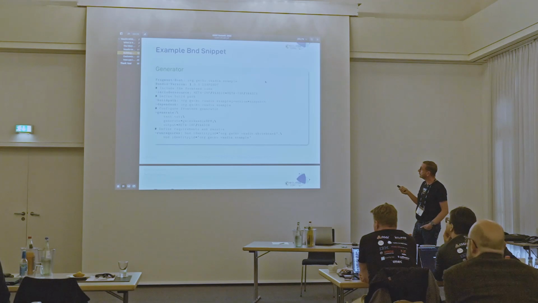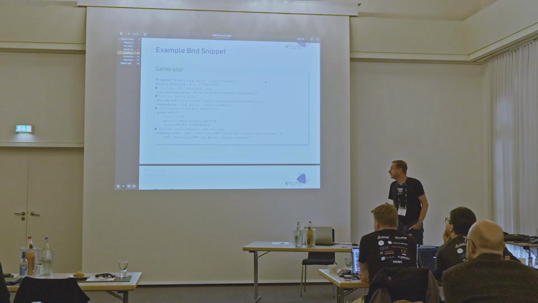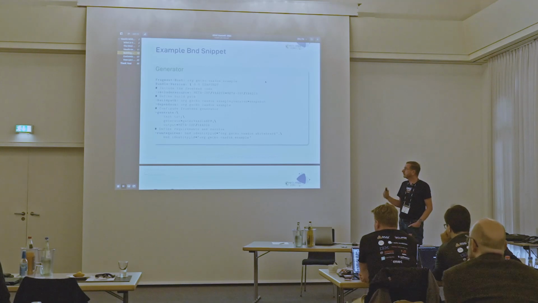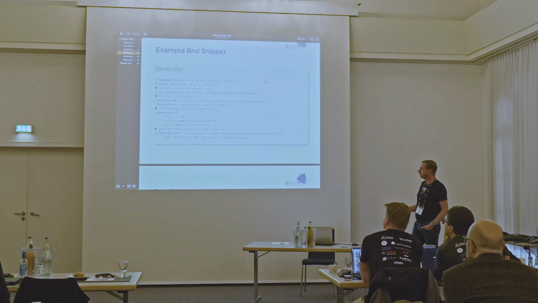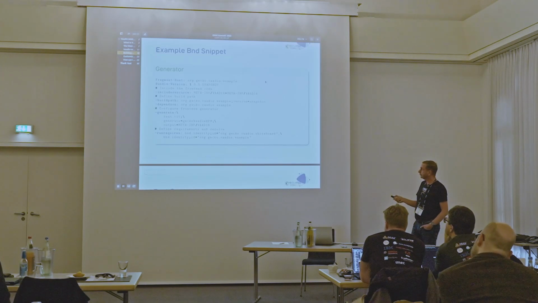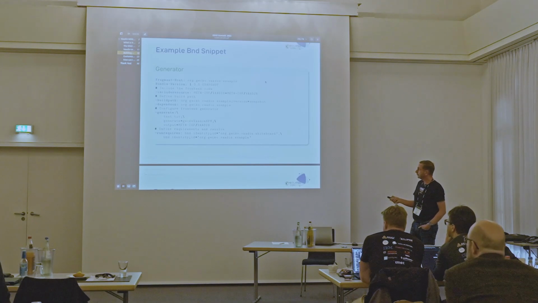We have to create a build path and build dependencies. And this is also important. We have to say depends on in BND so that we ensure that our host bundle is really built before we generate the code. And this is then just our generation instruction. We use exactly this generator, and it should build our output in this folder.